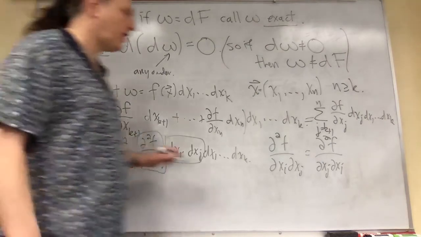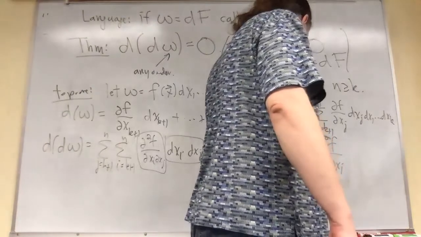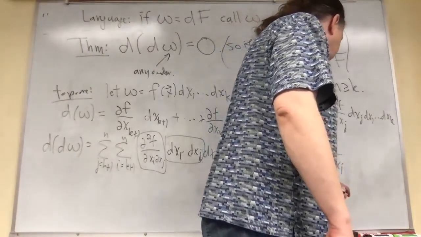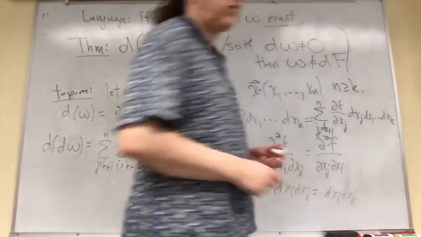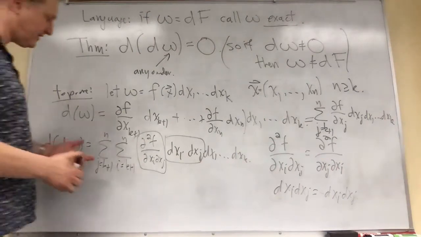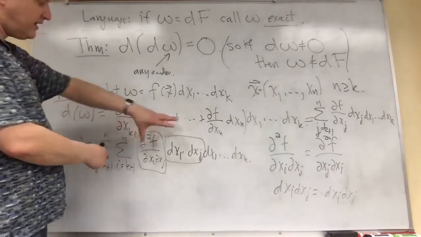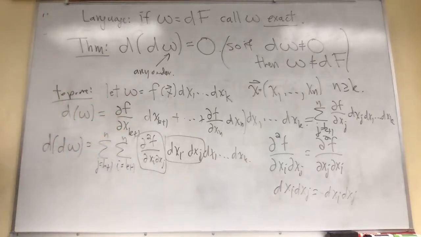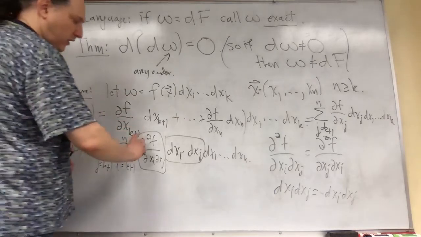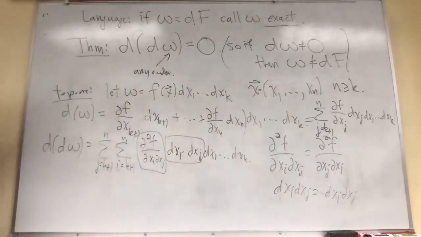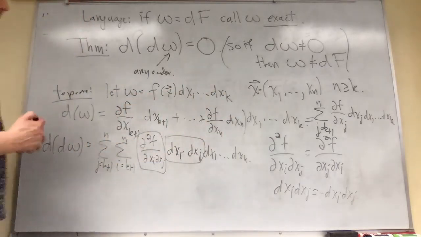And we have dxi dxj is the negative of dxj dxi. So this is like we have a square array of partial derivative differentials that we're all adding up, right?